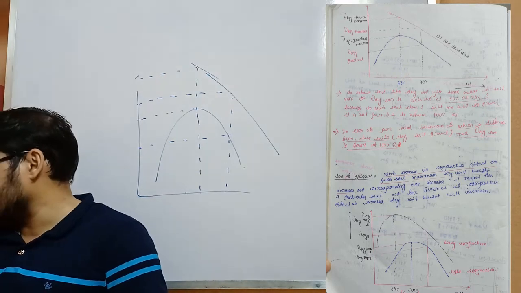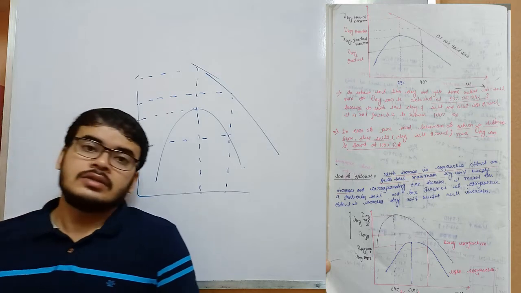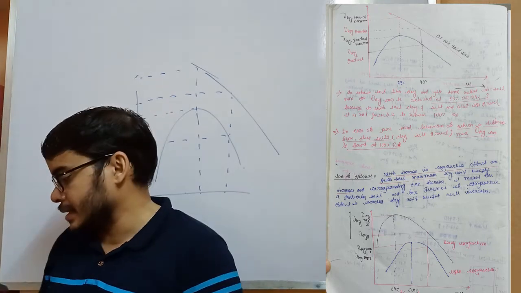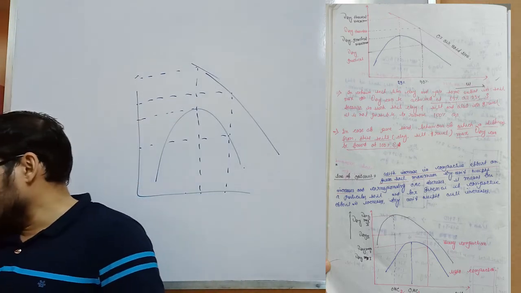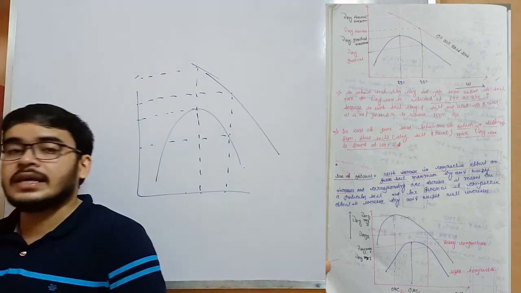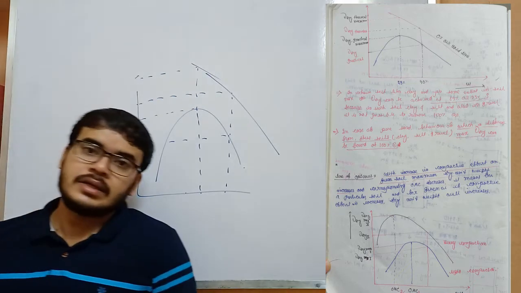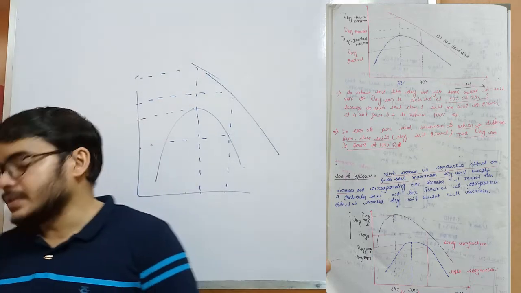Because in such soils, clay and silt, and also in gravel, it is not possible to remove 100% of the air. In case of pure sand, the behavior is different from soils like clay and silt: max gamma dry can be found at 100% degree of saturation.